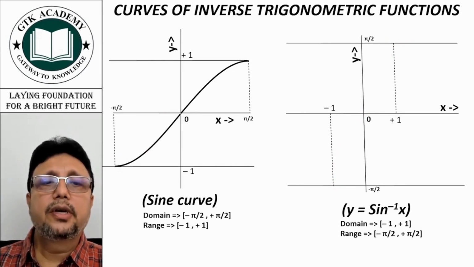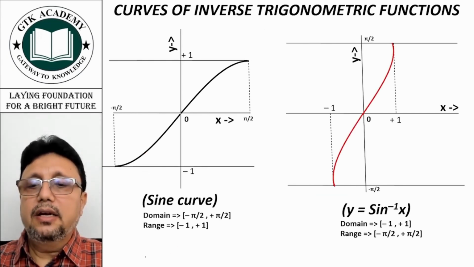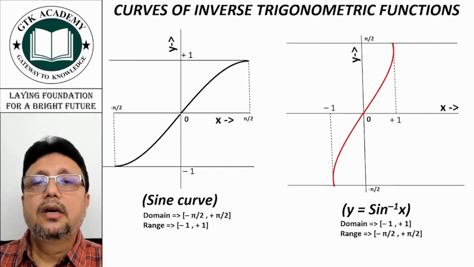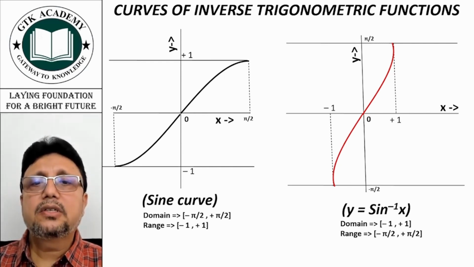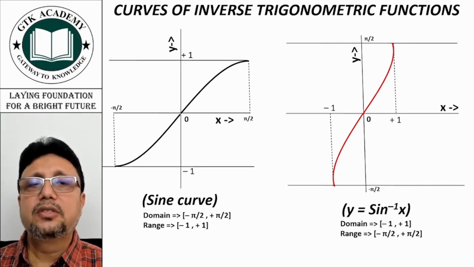Let's draw it. Now, one thing which I discussed just now is that the sine curve and its inverse are going to be reflections of each other about the line y equals x, or they will be mirror images.